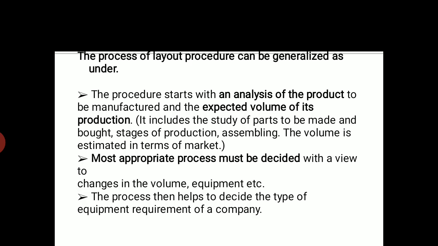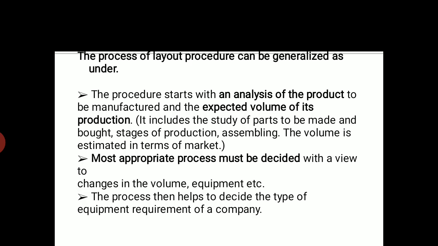Now, whether I am going to buy these spare parts from outside, that means outsourcing, or whether my unit is going to have in-house production, I have to decide, because on the basis of that I have to arrange the equipment and my necessities, right? So whether we are going for buying a product or manufacturing it within, and what will be the stages of production.